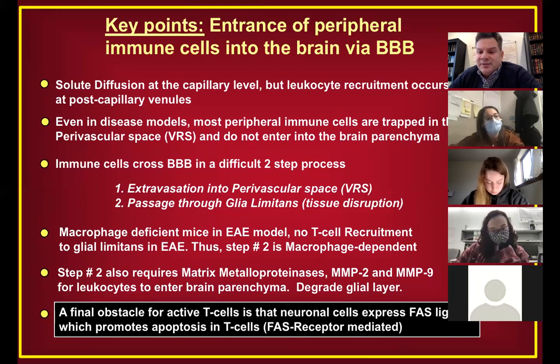But this final obstacle for a T cell within the brain parenchyma is the neuron, which can express Fas ligand. You guys remember what Fas ligand does to a T cell? Triggers apoptosis. Very good, Sam.